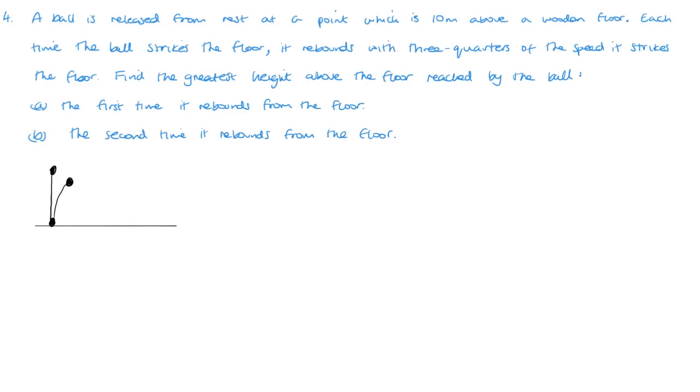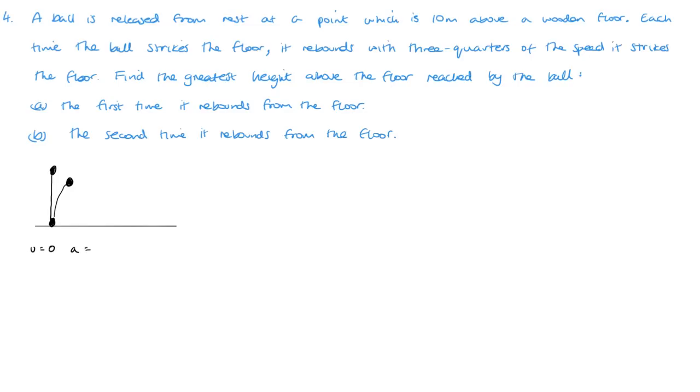So that's the first rebound that I'm looking at. Okay, so what I'm going to do is do this in a couple of little sections. Initially, U is equal to 0.